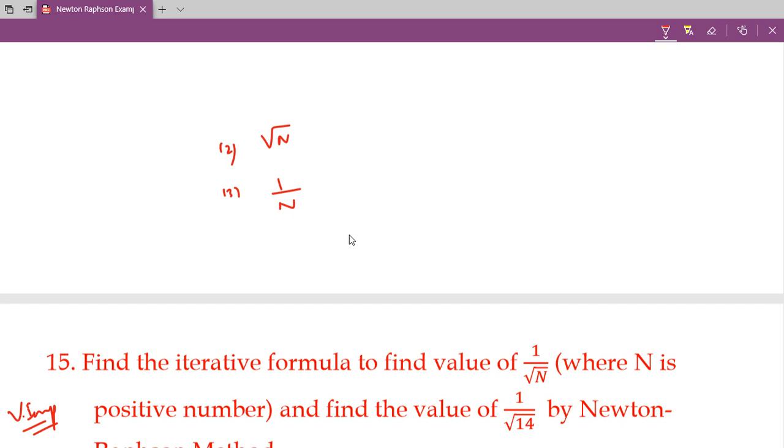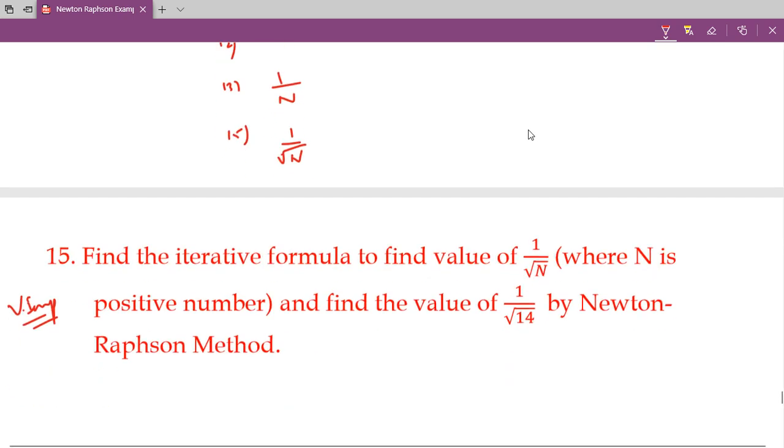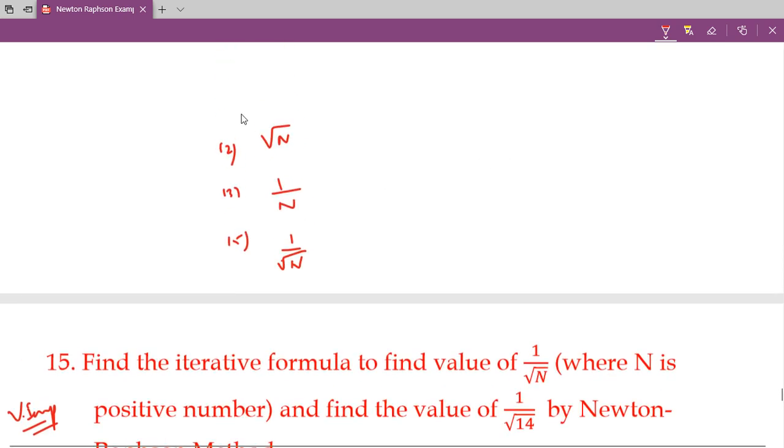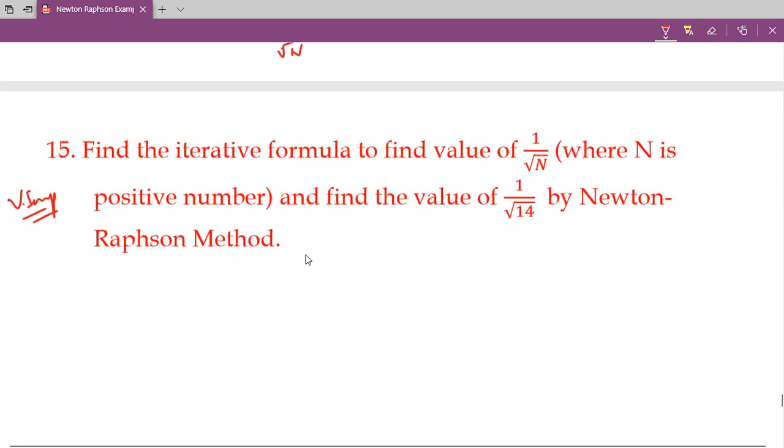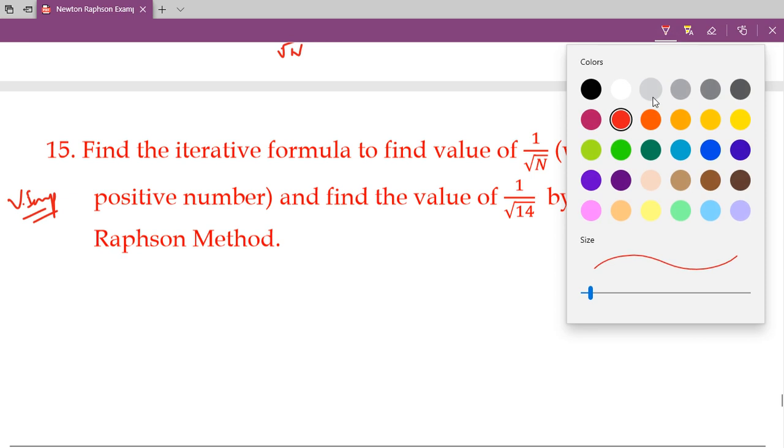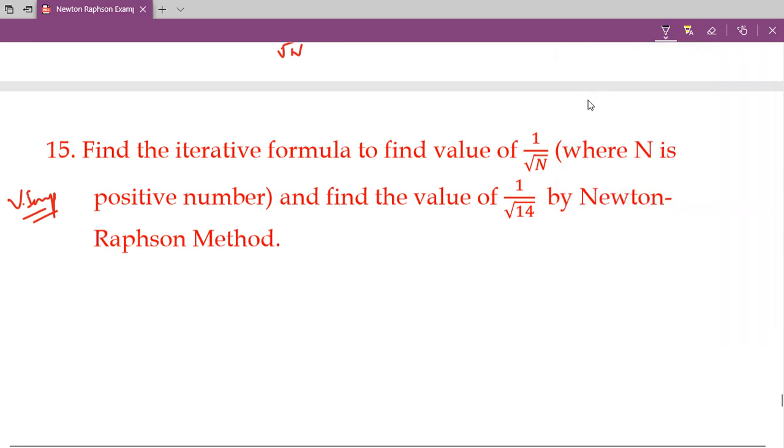Now in the 15th, we are combining these two, that is 1 by root n, the reciprocal of root n. As usual, as we did in the previous example, we continue the same way.